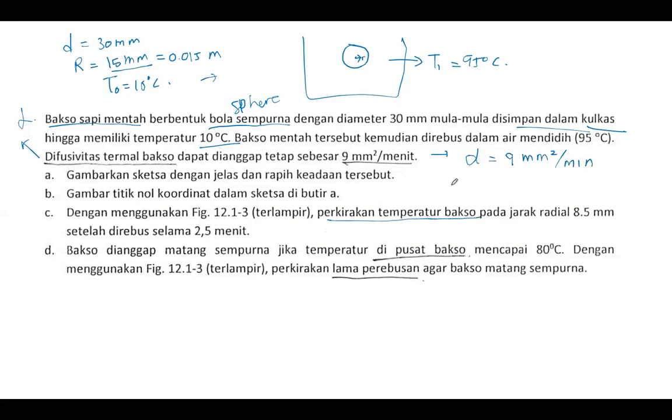Estimate the temperature of the meatball at a radial position of 8.5 millimeters after it is boiled for 2.5 minutes. Okay, so for number C, at R equal to 8.5 and time 2.5, find the temperature.